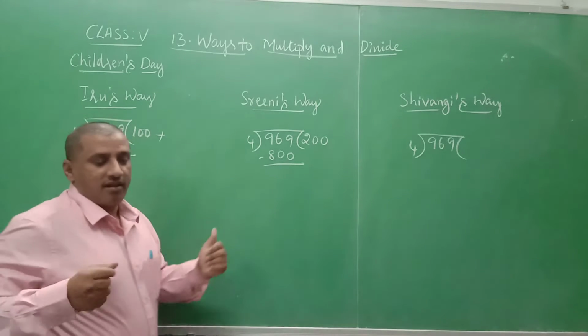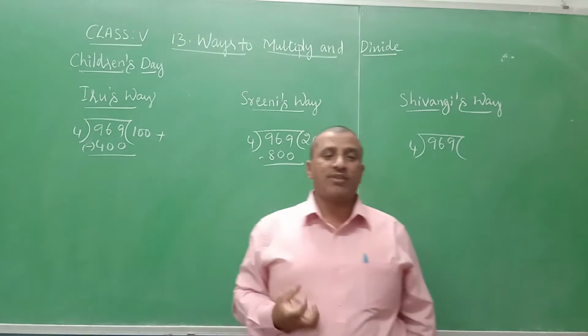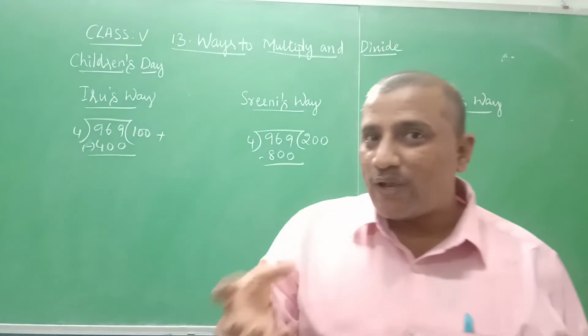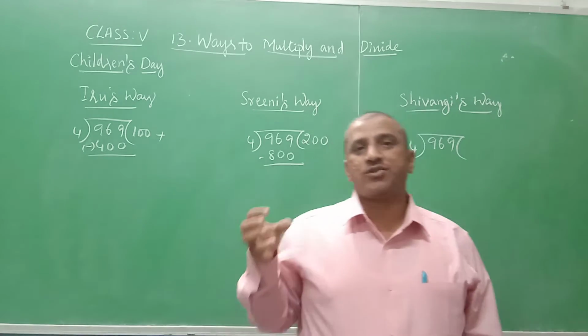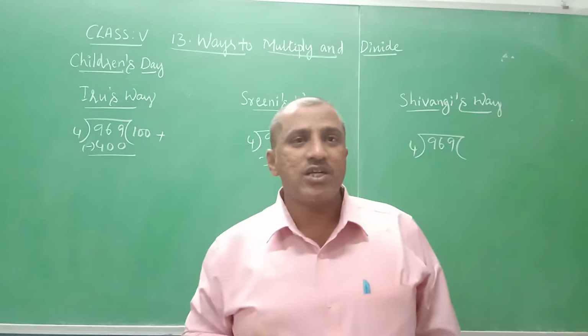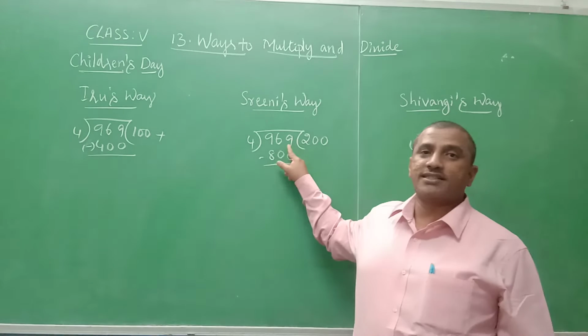Now see, children were very happy because they are celebrating Children's Day. On that occasion, the school has decided to give 4 colored pencils to each child, and the school has decided to give a total of 969 pencils.